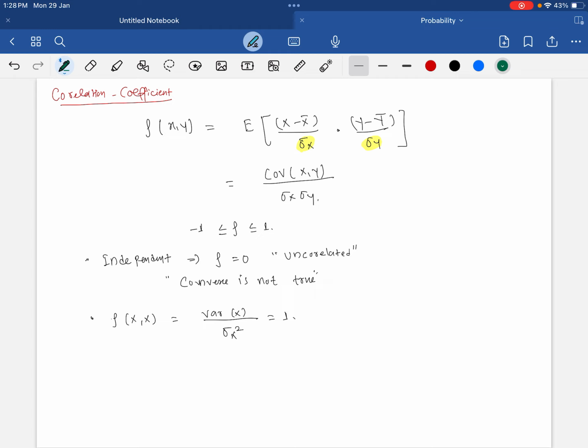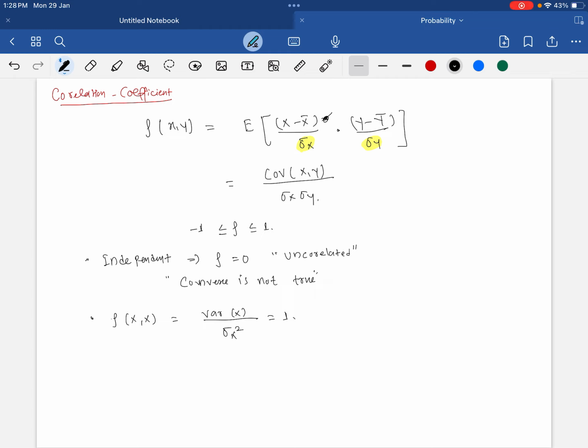The correlation coefficient will have no unit, because if this one has the unit meter and this one is a meter, then they will get cancelled. So the ultimate point is that the correlation coefficient has no unit.